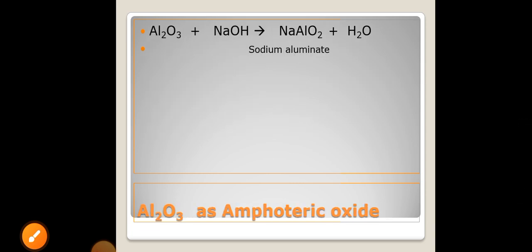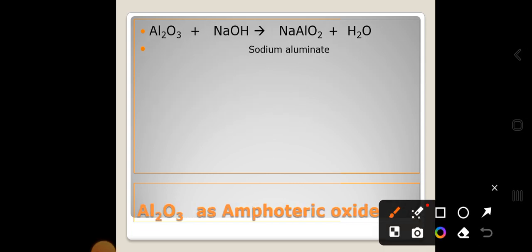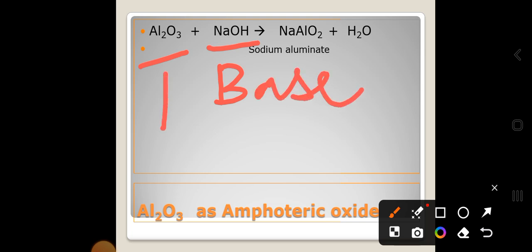Similarly, if you look at the next reaction, here aluminium oxide Al2O3 is reacting with NaOH. NaOH is a very strong base. Sodium hydroxide is a strong base, and in this reaction aluminium oxide behaves as an acid.